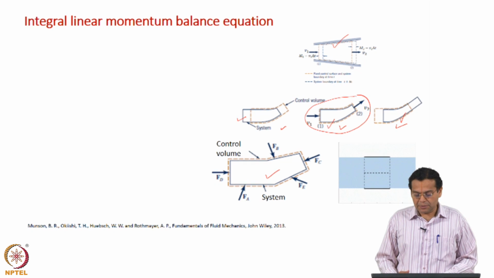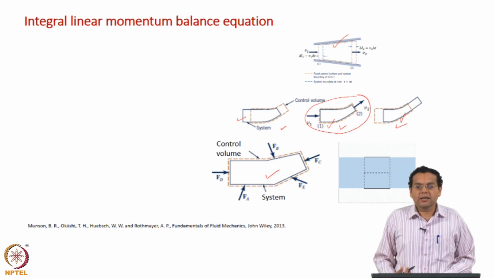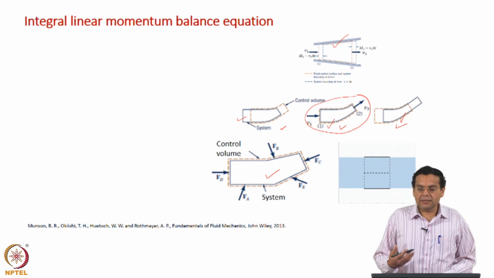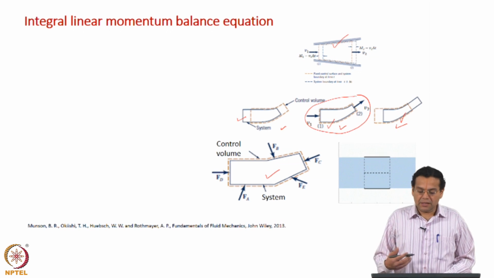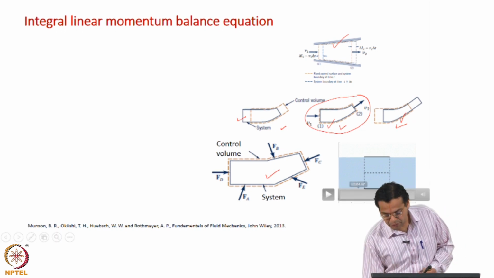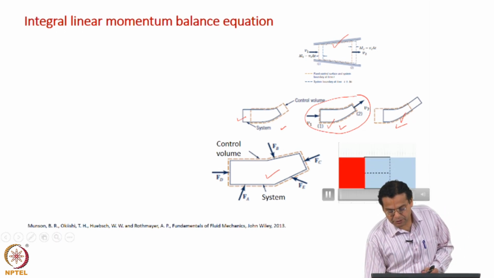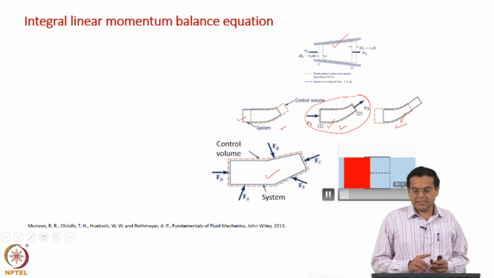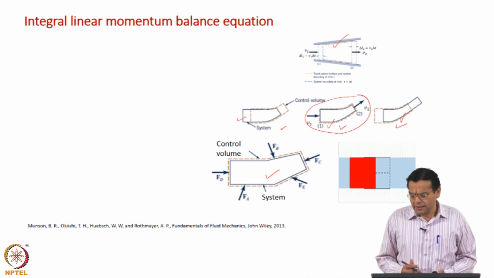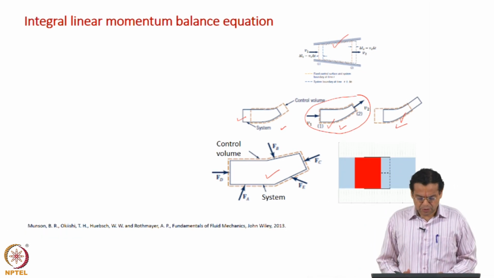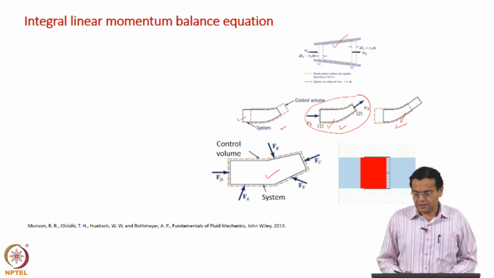Because of that, the boundary in terms of volume and surface becomes the same for both the control volume and system. So, whatever forces are acting on the system and forces acting on the contents of control volume, both are the same. And of course, we have our own animation which shows that we take the instant where the system and the control volume coincide at time t.